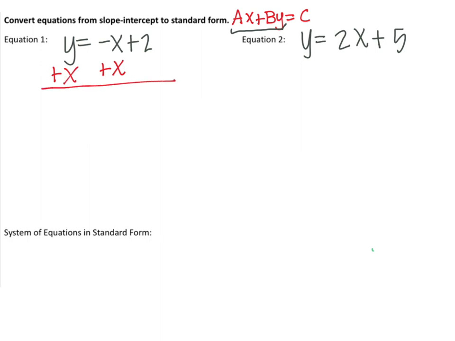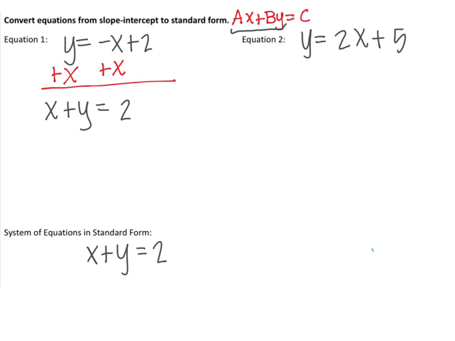When I do that, I get x plus y equals 2. Now here's where I'm looking: is there a negative a value? Well, my a value is now just 1 because there's nothing in front of the x, and it's not negative. So that's my final answer: x plus y equals 2. I'm going to go ahead and write that down below.